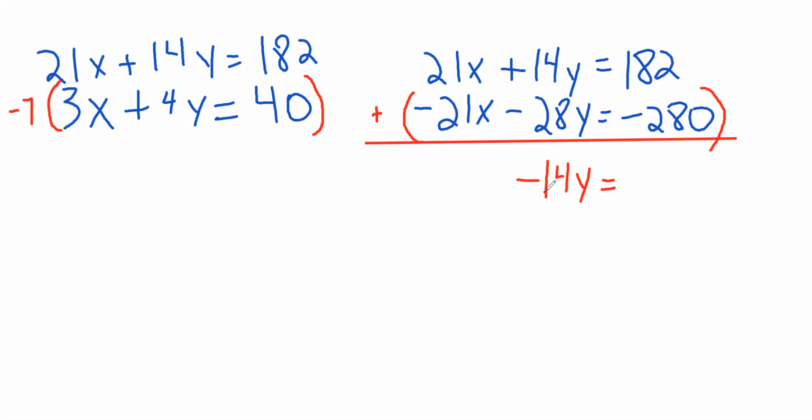And then next up, we're going to have 182 minus 280. Now we can tell that that's going to go negative, because you're taking a larger number away from a smaller number. And then once you know it's negative, you do 280 minus 182, which would give you 98, but you know it's negative 98.